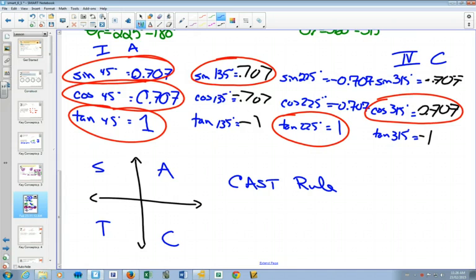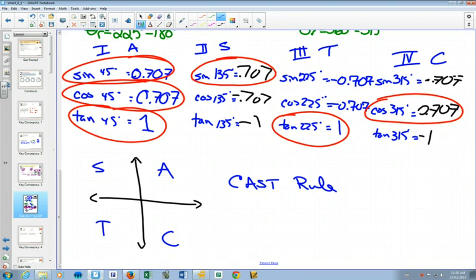In quadrant 2, we have an S because only sine is positive. And in quadrant 3, we have a T because only tan is positive. And I guess we don't call it the aesthetic rule because it doesn't roll off the tongue as nicely as when you say cast rule.